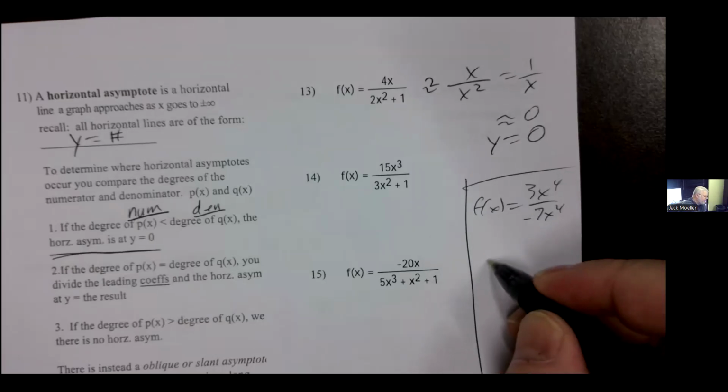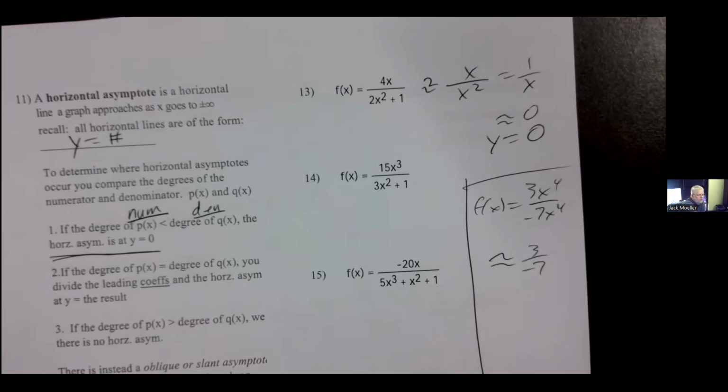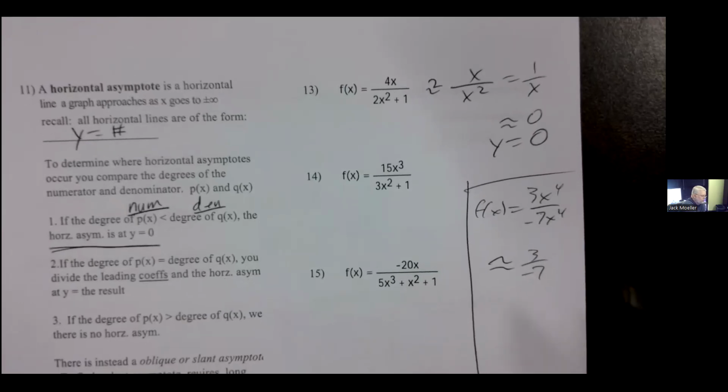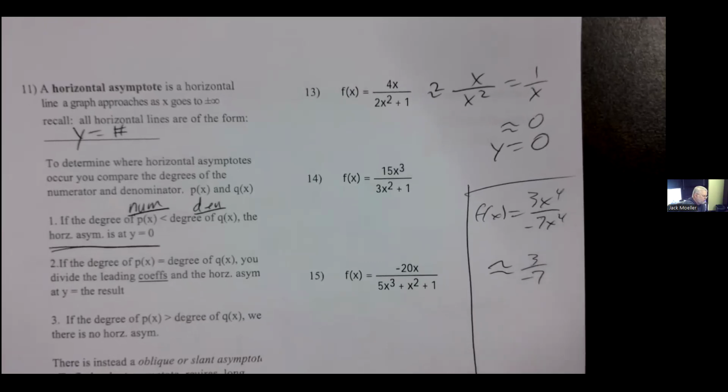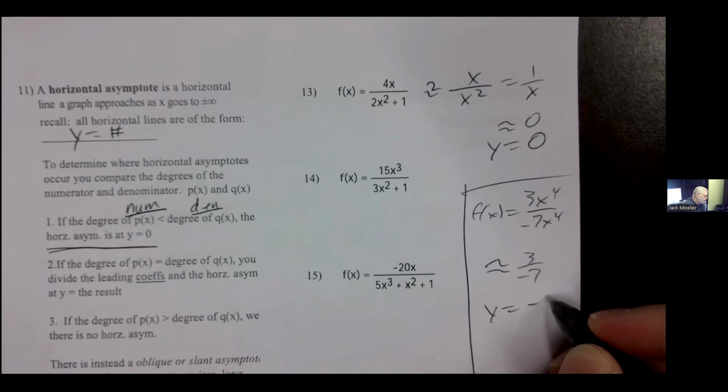So this is really acting like 3 over negative 7. The x to the 4th terms basically cancel each other out. It could be more than that, but as you go to infinity, those are the important terms. So your horizontal asymptote on this one would be y equals negative 3/7.